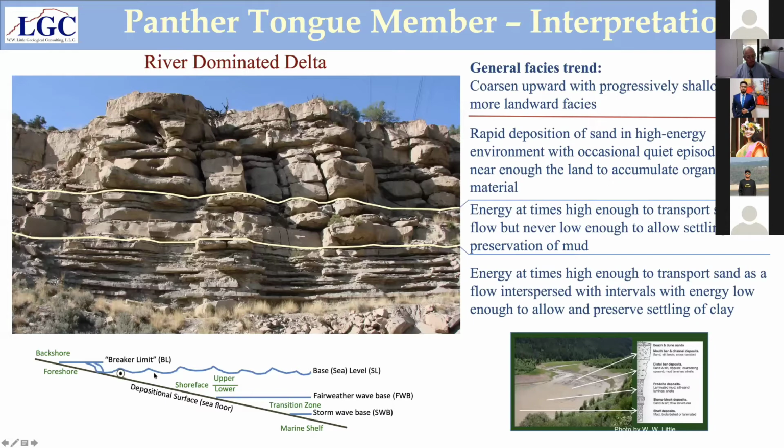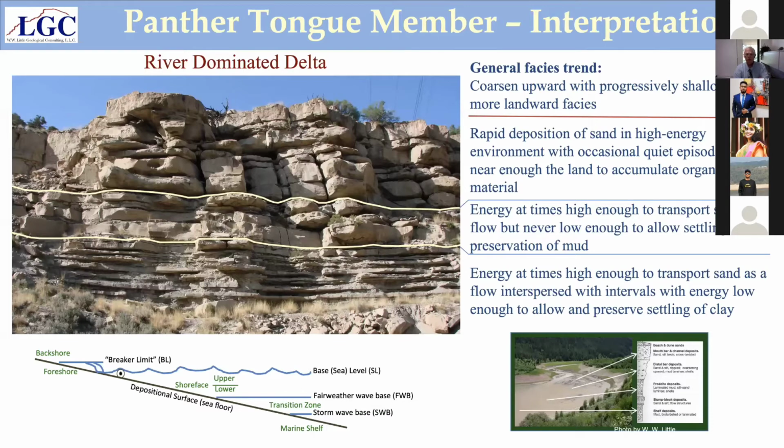Now in this case, instead of a regular shore face, what we're looking at, based on the sedimentary structures, is channel mouth bars. When a river enters a standing body of water, such as the ocean or a lake, the sediment load that it is carrying, the bed load, is going to be deposited very rapidly.